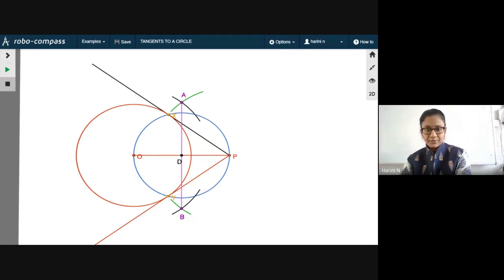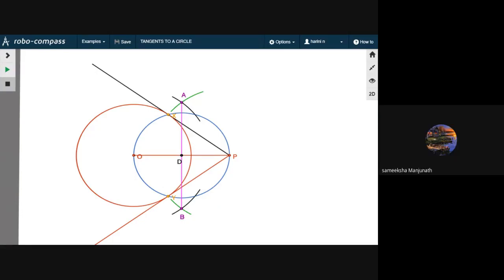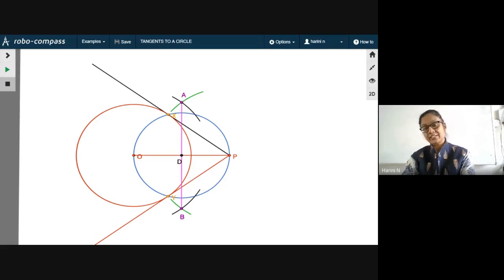Now how will this be justified? How are you telling that these are the two tangents from the exterior point? Because we have taken the point P at a distance of 10 centimeters from O, which is already fixed. Now, if I join OX and OY, what do you think I will get? Ma'am, the radius. Yes, you will get the radius of the original circle.